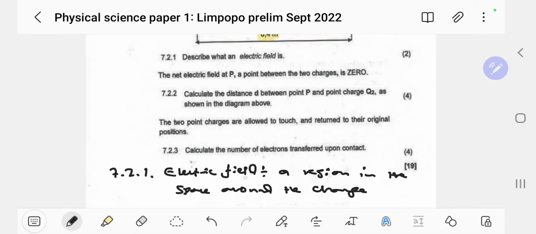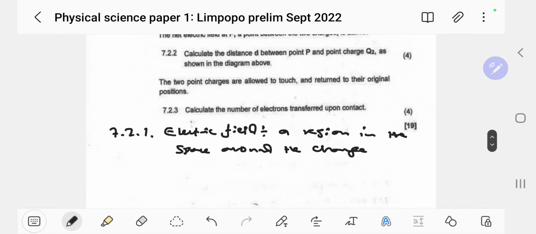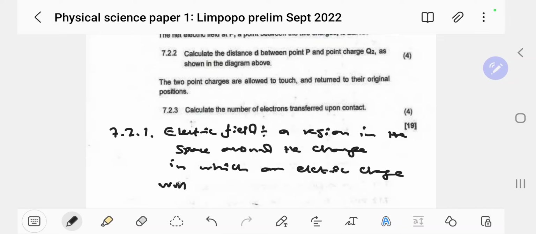So it is a region in the space around the charge in which an electric charge, sometimes they say a positive charge, will experience an electrostatic force.